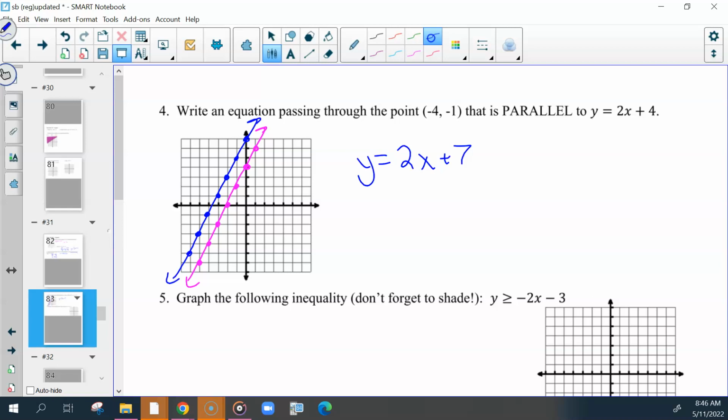They would be parallel. Number 5, we have to graph this inequality.